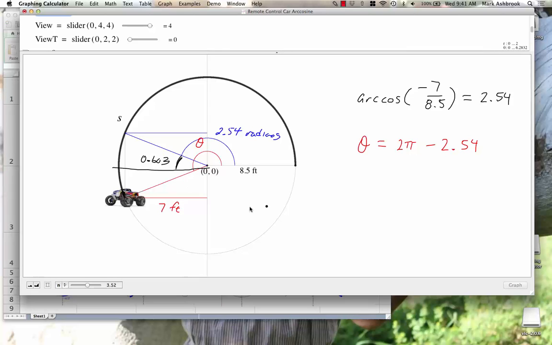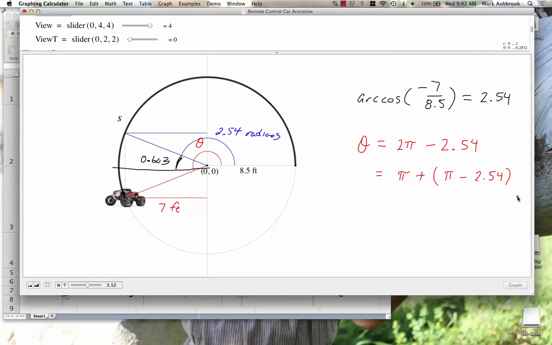And then what would you do with that to get our angle? Add it to pi. So you can do pi plus this 0.603, which came from pi minus our angle.